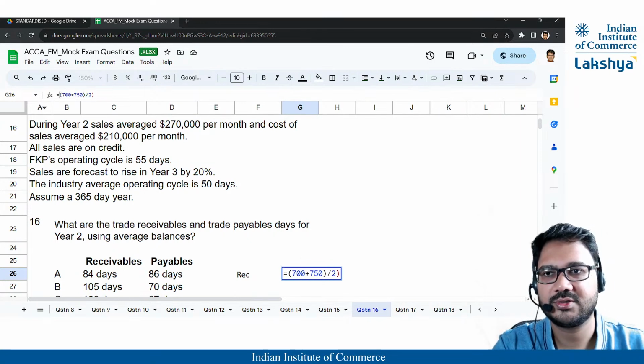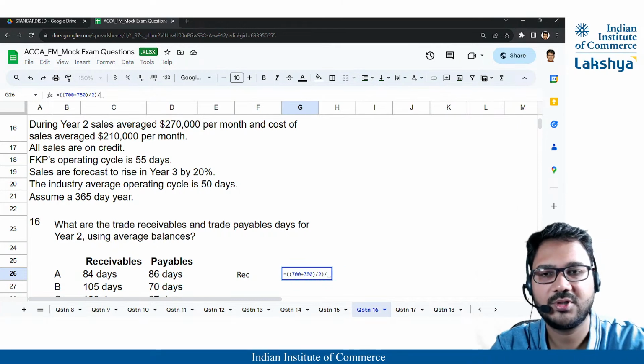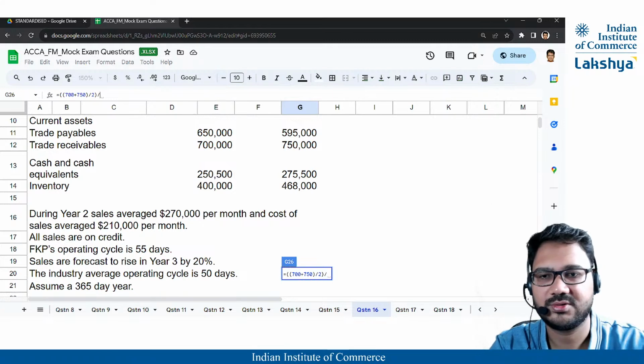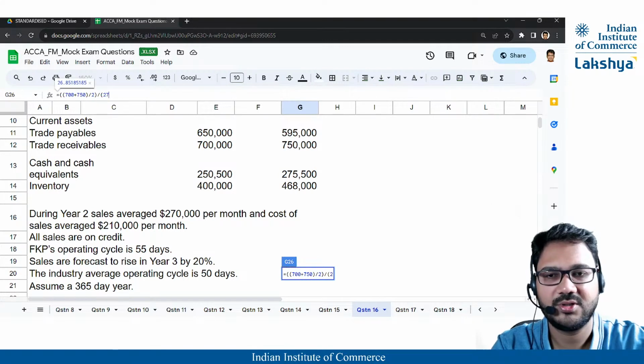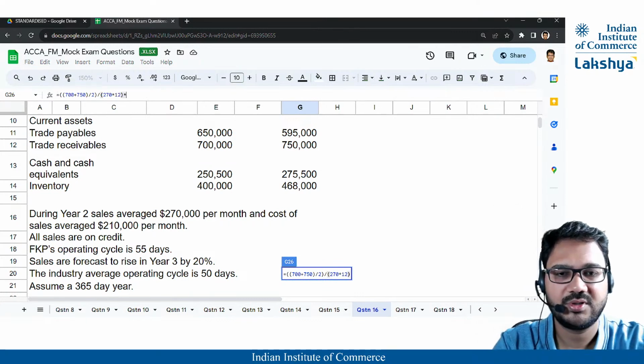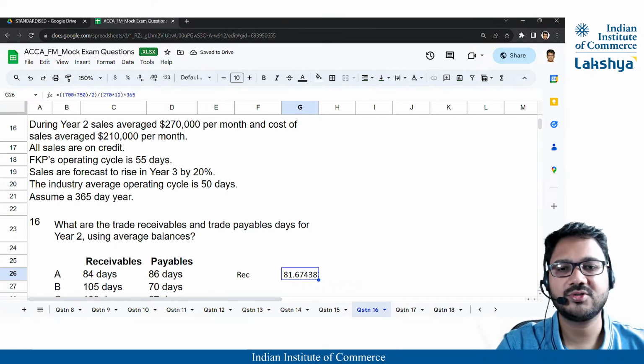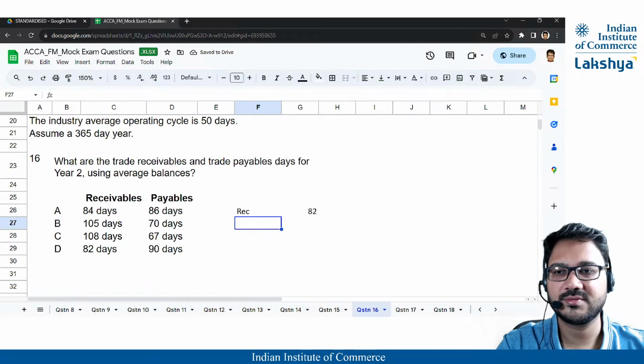This is the numerator. Okay. Divided by our sales. So sales is 270 into 12 into 365 days. Yeah, now I got it. Okay, so that's 81.6, or we can round it up to 82 days also. Okay, and so yeah, we have 82 days.